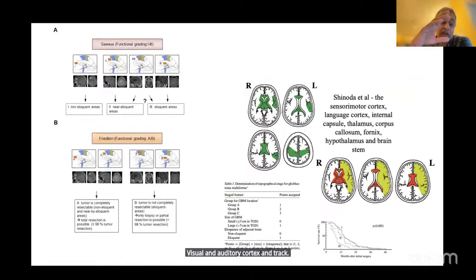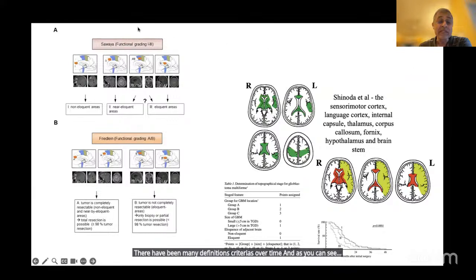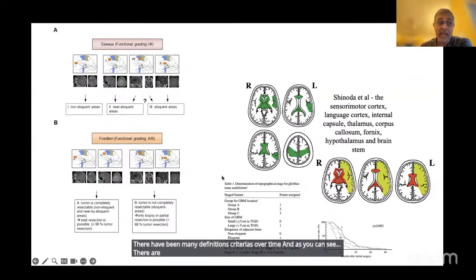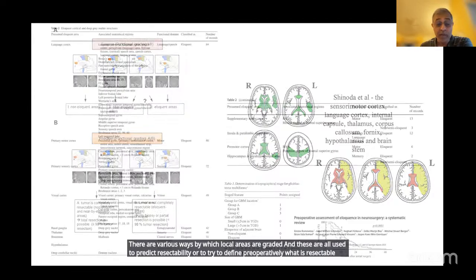There have been many definitions of eloquent areas over time, and as you can see, there are various ways by which eloquent areas are graded, and these are all used to predict resectability or to try to define preoperatively what is resectable and what is not.